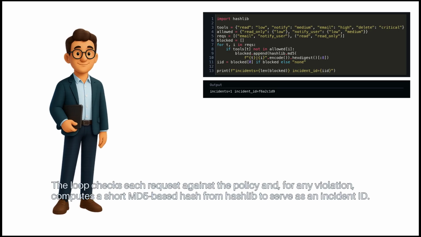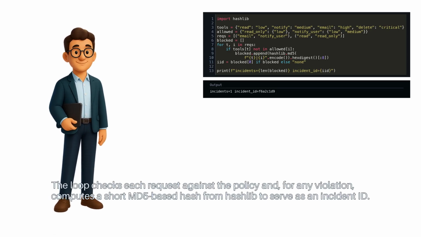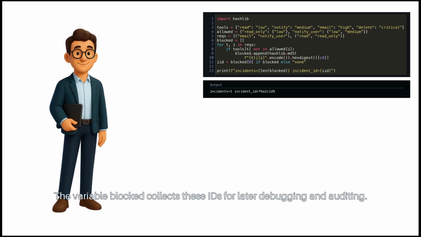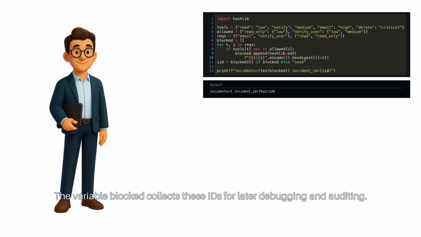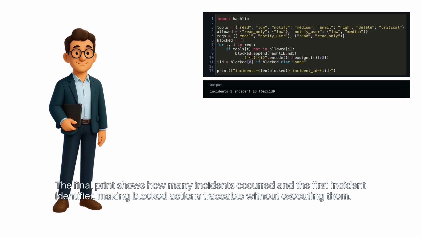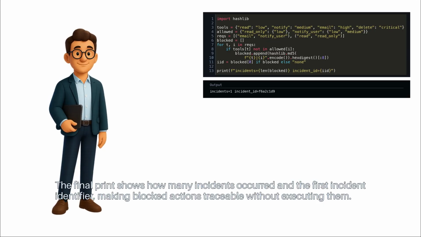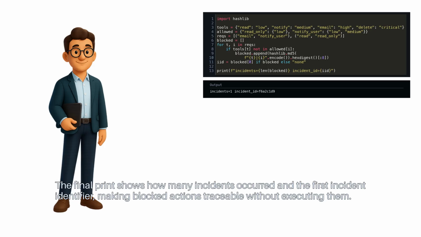The loop checks each request against the policy and for any violation computes a short MD5-based hash from hashlib to serve as an incident ID. The variable blocked collects these IDs for later debugging and auditing. The final print shows how many incidents occurred and the first incident identifier, making blocked actions traceable without executing them.